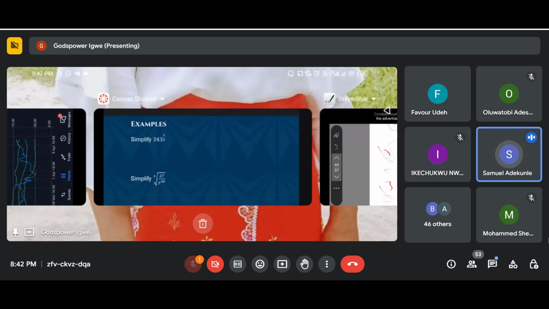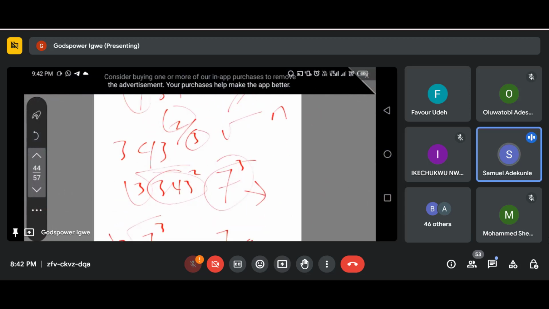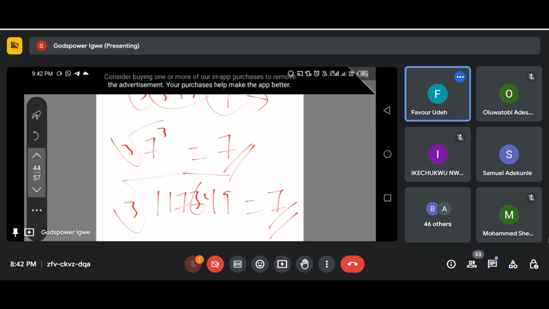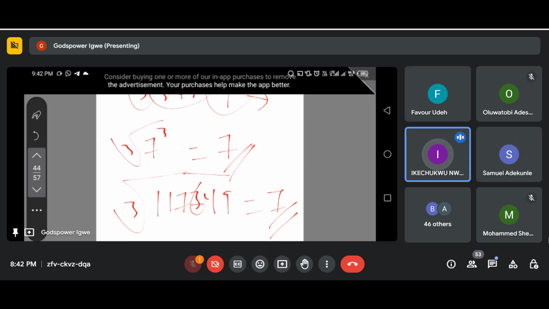The cube root is 49, not 7. Is it not the cube root of 343?